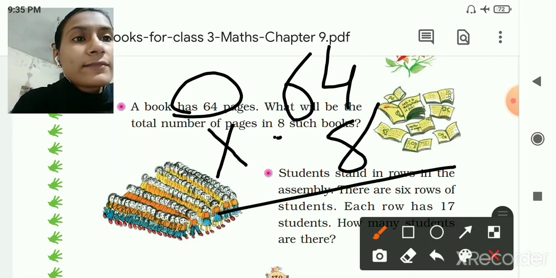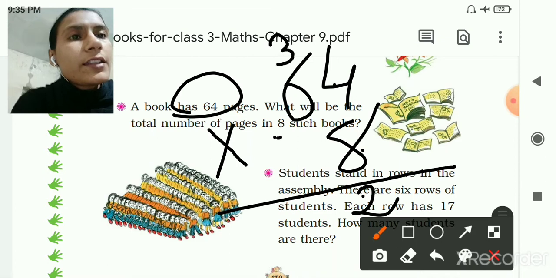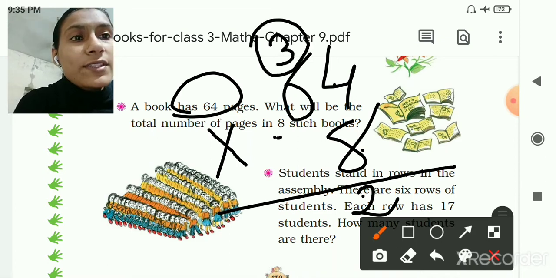Now let's see. Guess, 8 multiplied by 4 is equal to how many? 8 multiplied by 4 is equal to 32. So 2 we will write here and 3 carry, because 8 4s are 32.